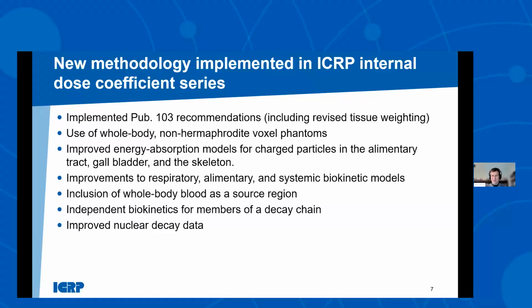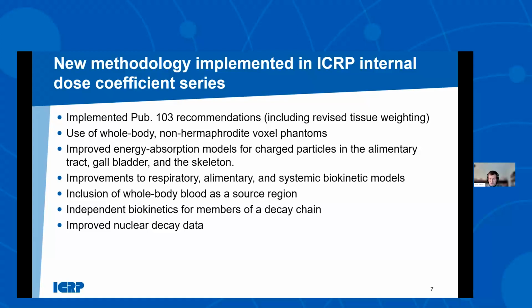The whole body voxel phantoms don't provide everything we need, so we have improved models in the alimentary tract, the gallbladder, and the skeleton. Improved biokinetic models, which you will hear more about later in this webinar. For the first time, inclusion of whole body blood as a source region.